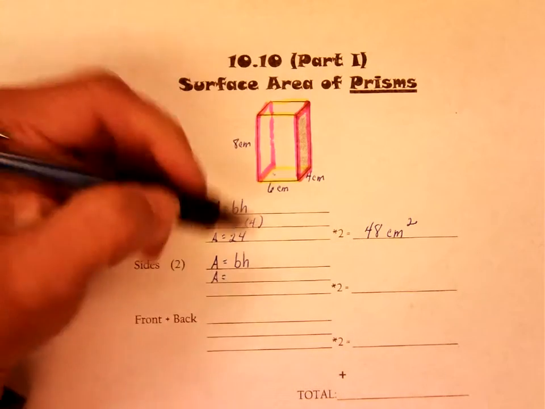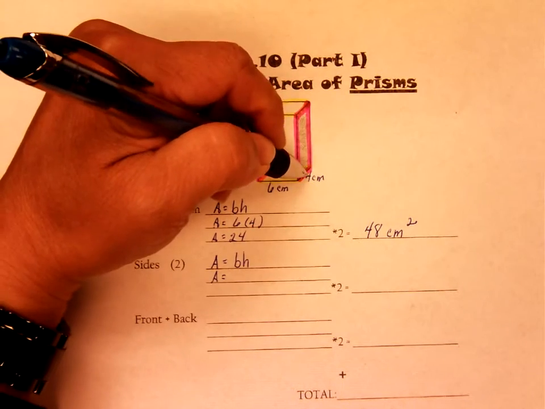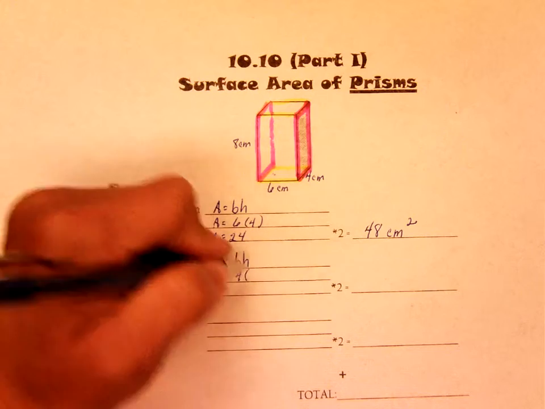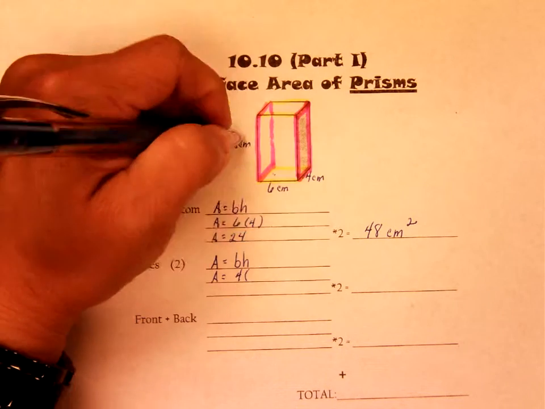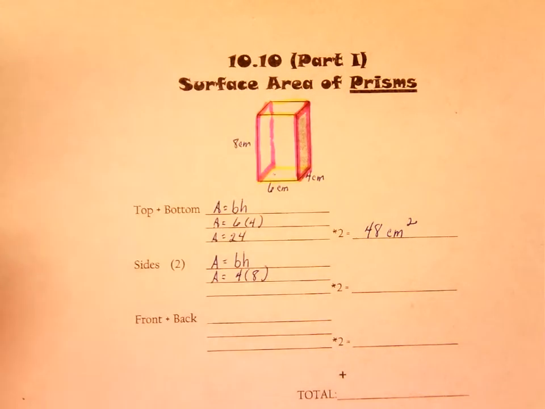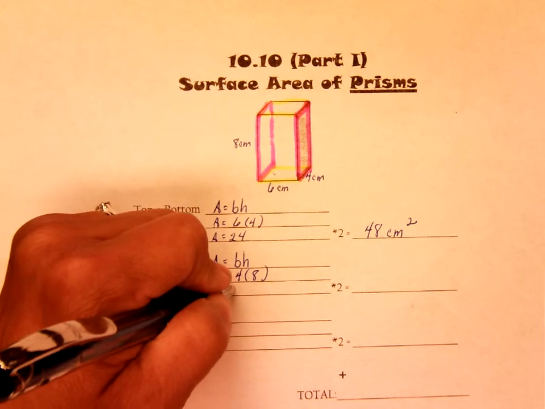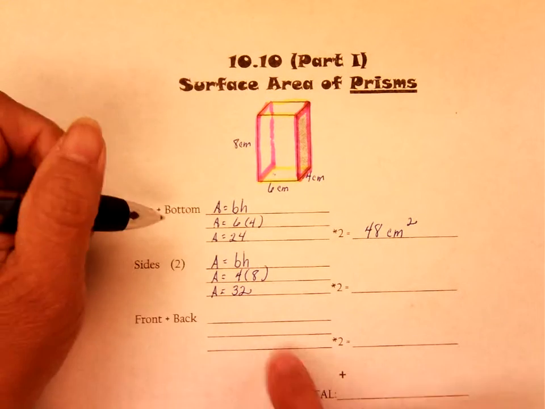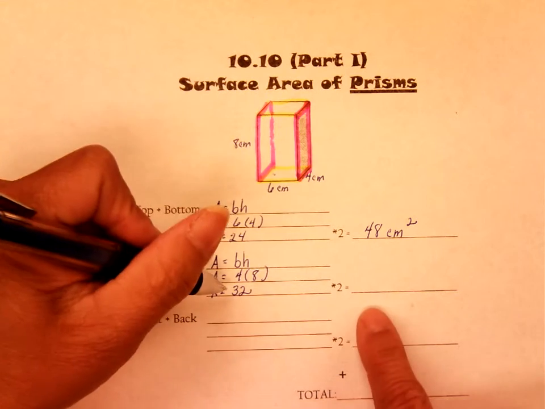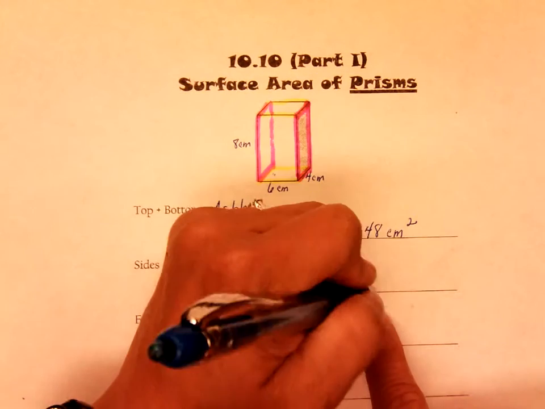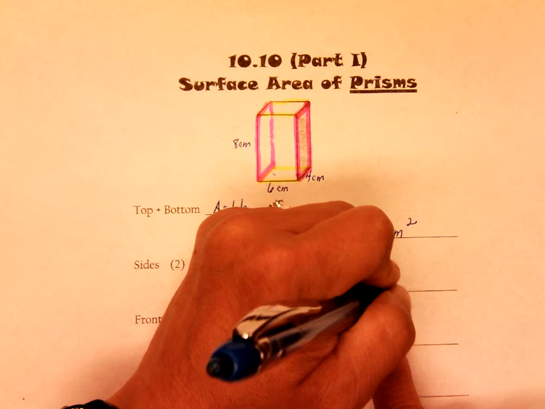The base says 4, and the length would be 8. So 4 times 8, and area is equal to 32. But we have two sides, so 32 times 2 is 64 centimeters square.